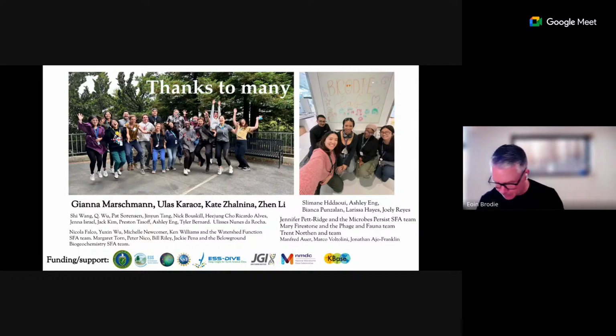And then the priming effect. For those that know, there are a couple of different aspects to this, and that's the stable carbon in soil. That stable carbon in soil can be destabilized, meaning it can be made more accessible to microbes for metabolism when other substrates that are more favorable are added.